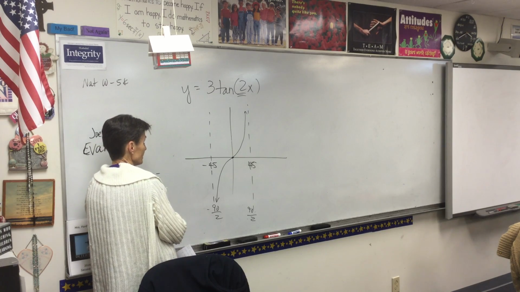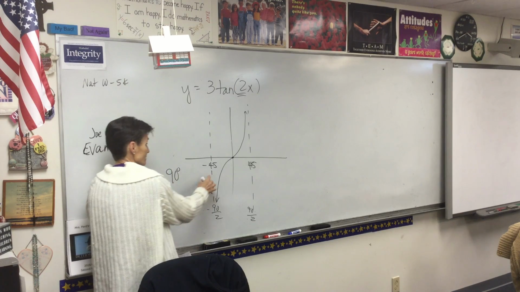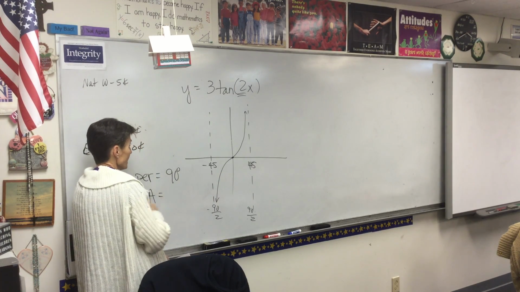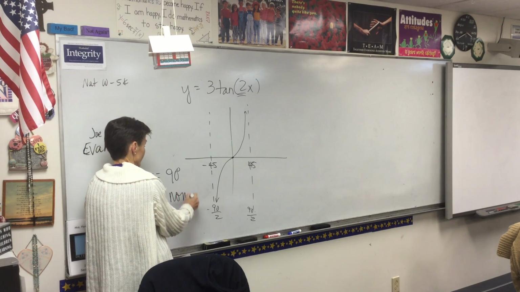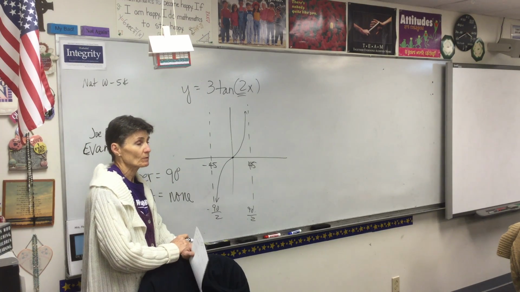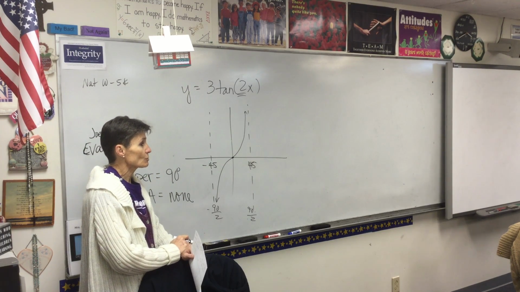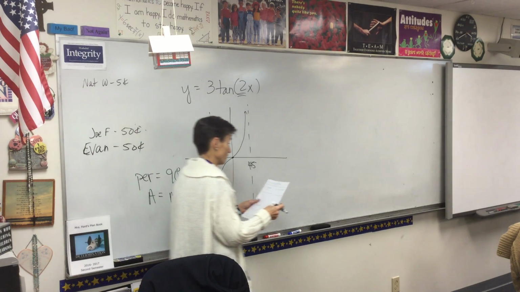Making my period what? What is my period? 90. Asymptote to asymptote, 90. And what is my amplitude for any tangent? None. There is no amplitude for a tangent. Remember, there's no ceiling and floor, so there's no height. Can't talk about amplitude for a tangent.